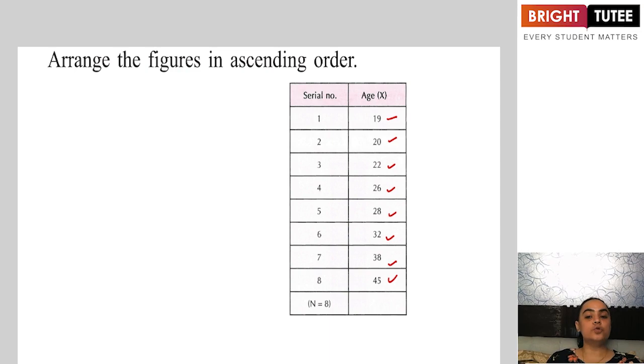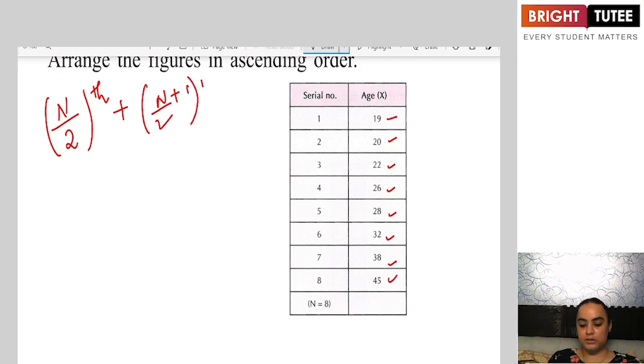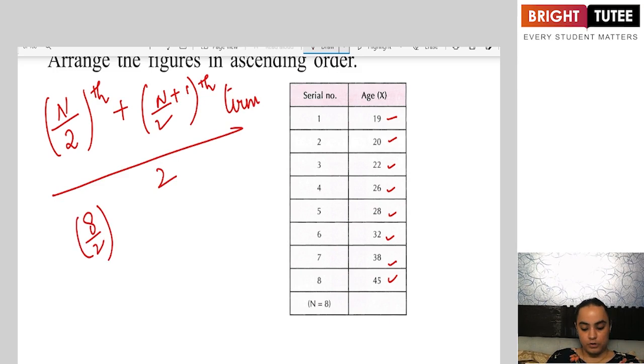Now, according to the formula for calculating median in a series with an even number, what do we have to do? The formula is n by 2th term plus n plus 1 by 2th term, divided by 2. Now what is n over here? 8. So 8 by 2th term plus 8 plus 1 by 2th term.